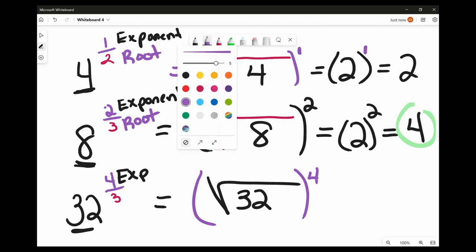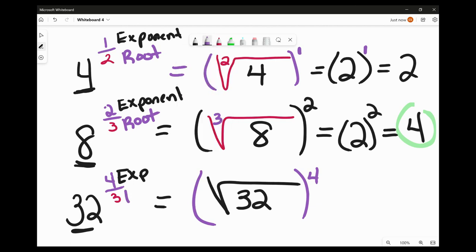The 3, whoops, sorry about that. I'm going to change that. I don't want 3 there, I want 5. So it looks like this. And then inside that radical sign, which isn't drawn very neatly, is a 5.